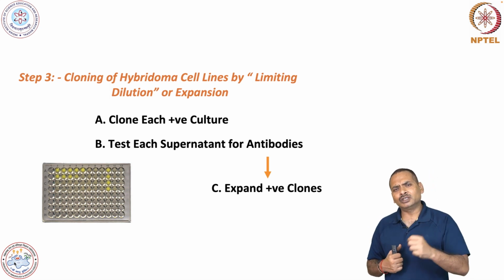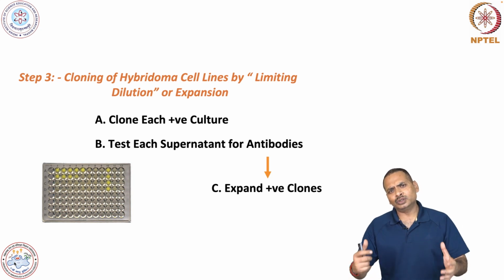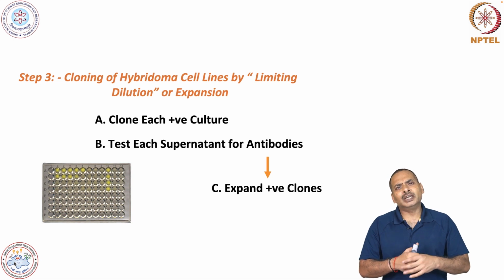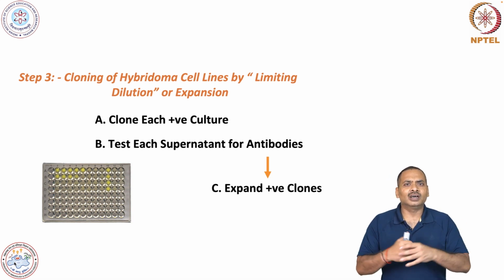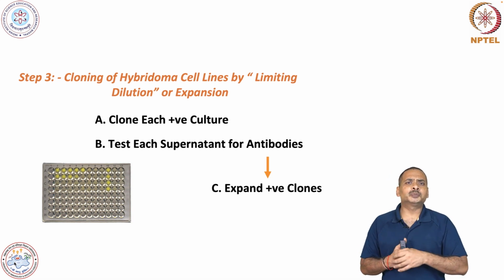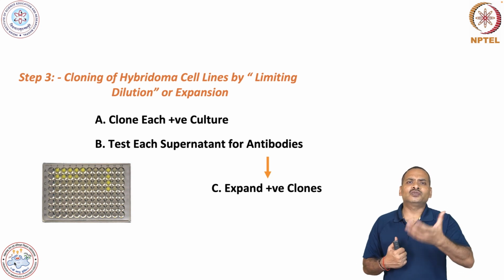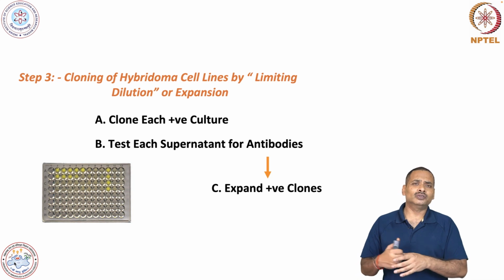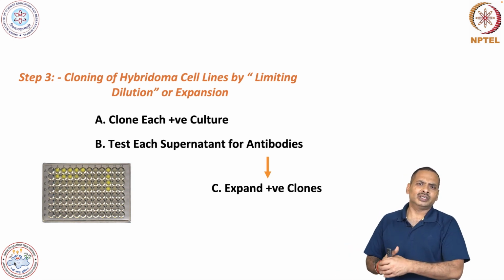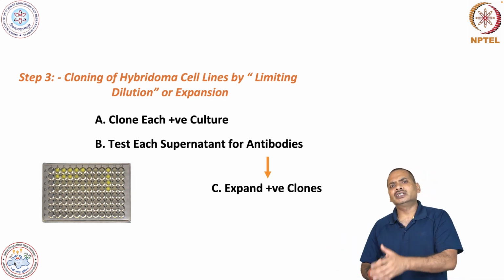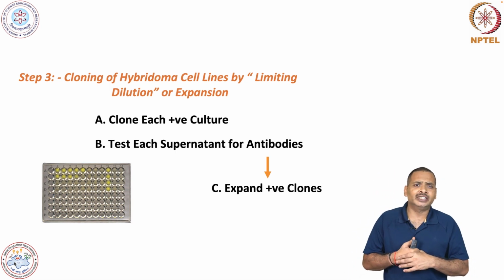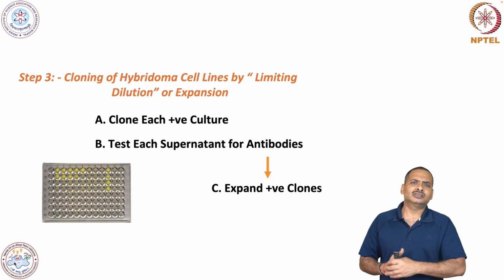This cancerous cell will grow like anything in the peritoneum, and that will make the belly of this mouse extremely large, and you just aspirate that fluid, and this fluid will be rich in that monoclonal antibody. This is one way, but this is not a very good way. The reason is that this will contain a lot of other proteins. So if you need a very purified antibody, then this method is not good.